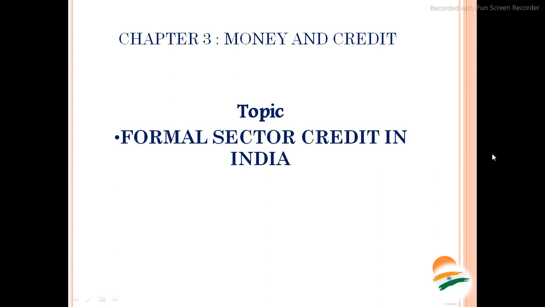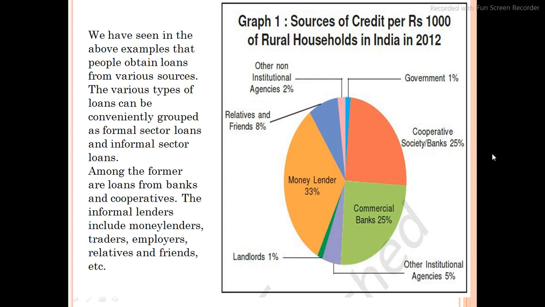Next, dear cadets, please pay attention. Observe graph number 1. All the cadets are requested to see graph number 1. Graph number 1 speaks about the sources of credit per 1000 rupees of rural households in India in 2012.